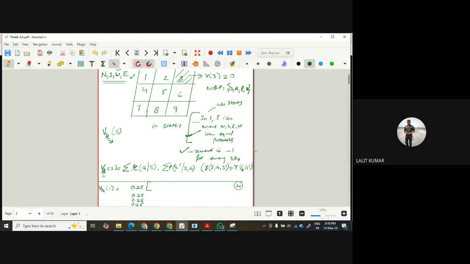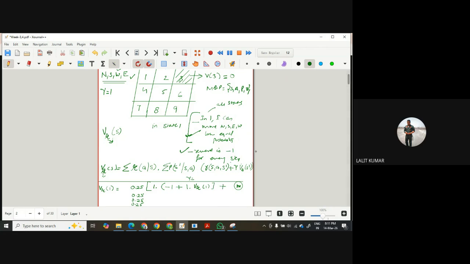When I move north, what will be my S prime? I will come back again to 1 only. And this probability of S prime over S and A is 1 here. In case I move north, I will come to S prime only, 1 only. What is the reward? It is -1 plus gamma. For example, if I take gamma equal to 1, then it will be 1 into V pi of 1, because your S prime is also 1.